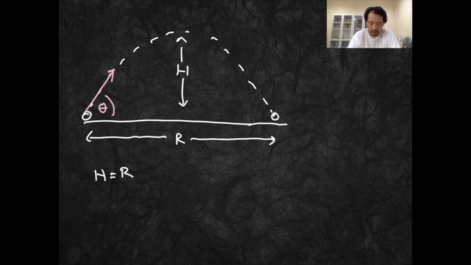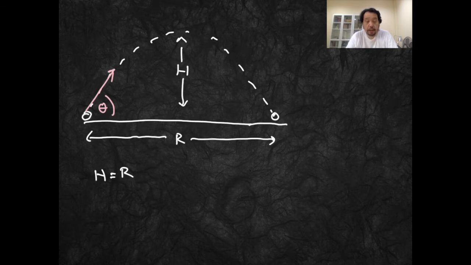So it means that we have to analyze what is the value of h and what is the value of r, and how they depend on the angle theta, and then we equate h equal to r to calculate theta.